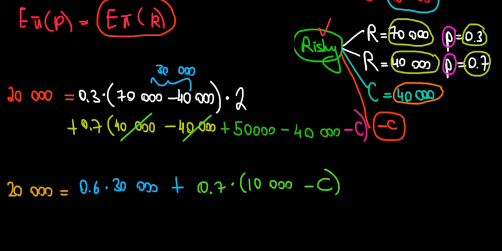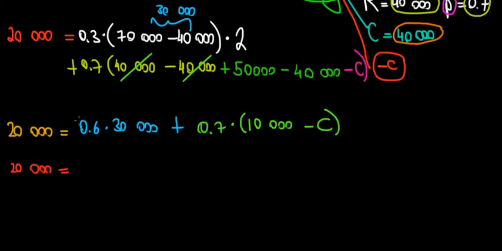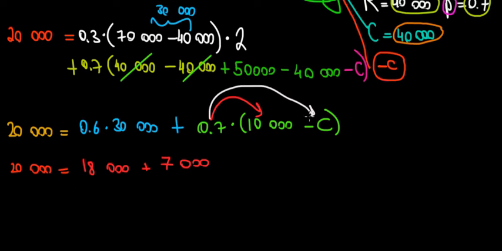Now we keep solving. Let's open the brackets. We have 20,000 equals 0.6 times 30,000, which is equal to 18,000. So we have 18,000 plus 0.7 times 10,000, that's 7,000. And 0.7 times minus C becomes minus 0.7 C. We're looking for this cost.